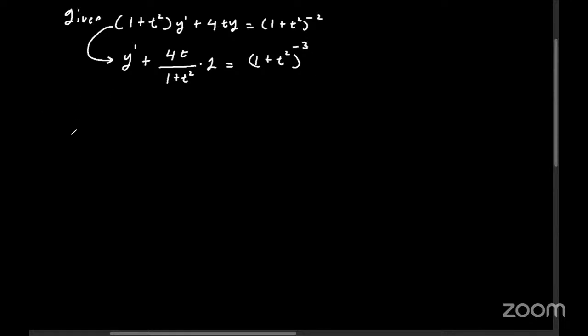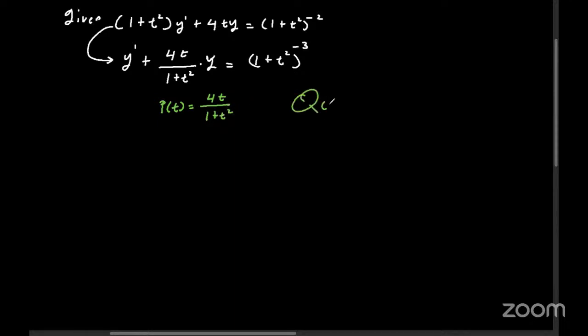Okay. This is supposed to be a y. It kind of looks like something else. Now, are we in good shape from here? So I think our p of t would equal 4t over 1 plus t squared.